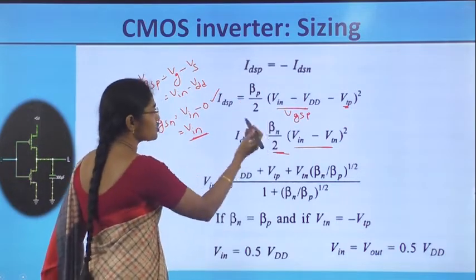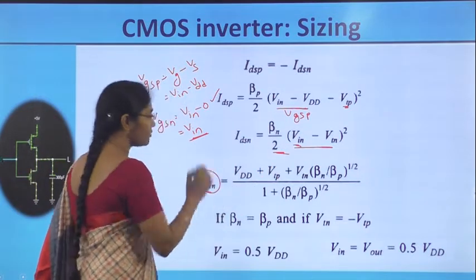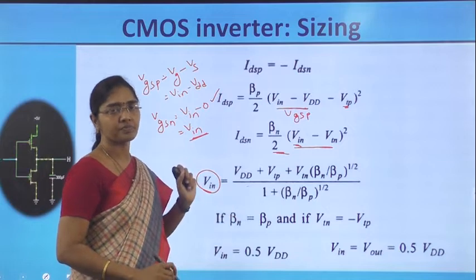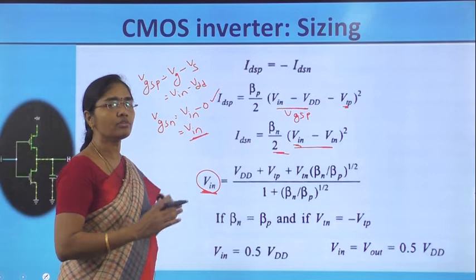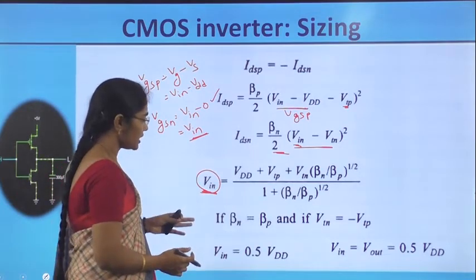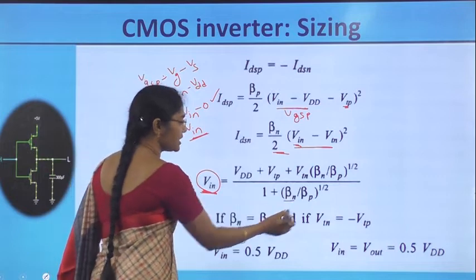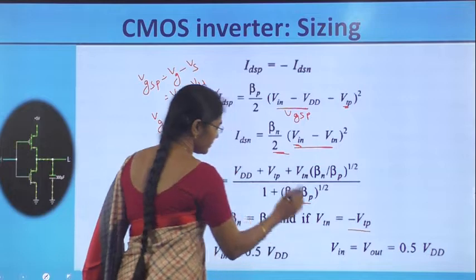Now, equate these two, rewrite and simplify to get the Vn value. So, Vn is equal to this. Now, for getting the symmetricity, what should be the Vn? Vn is equal to VDD by 2. We have to get 0.5 VDD. To get that, assume beta n is equal to beta p and Vtn is equal to minus Vtp.